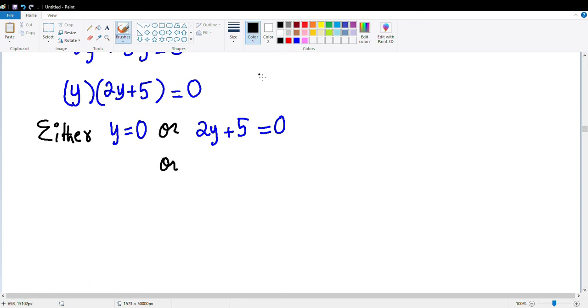But in the other case, 2y will equal, we send 5 to the other side. 5 is positive, it'll become negative, so we get minus 5.